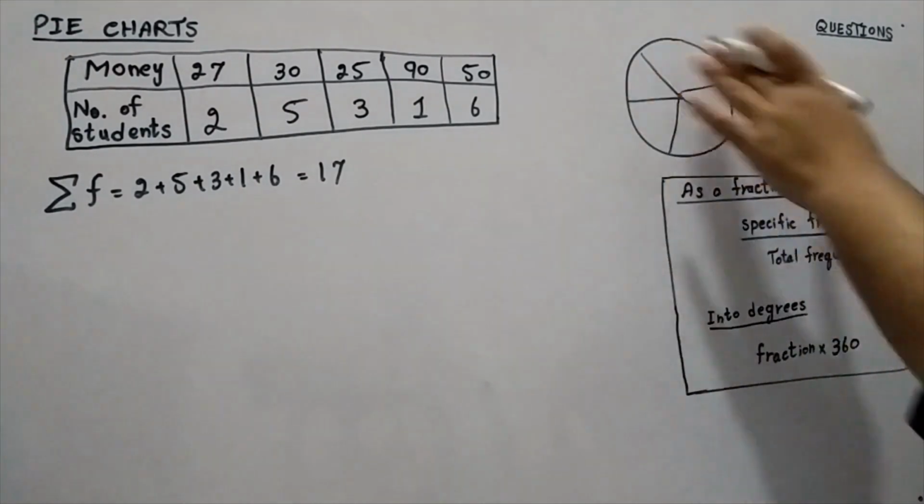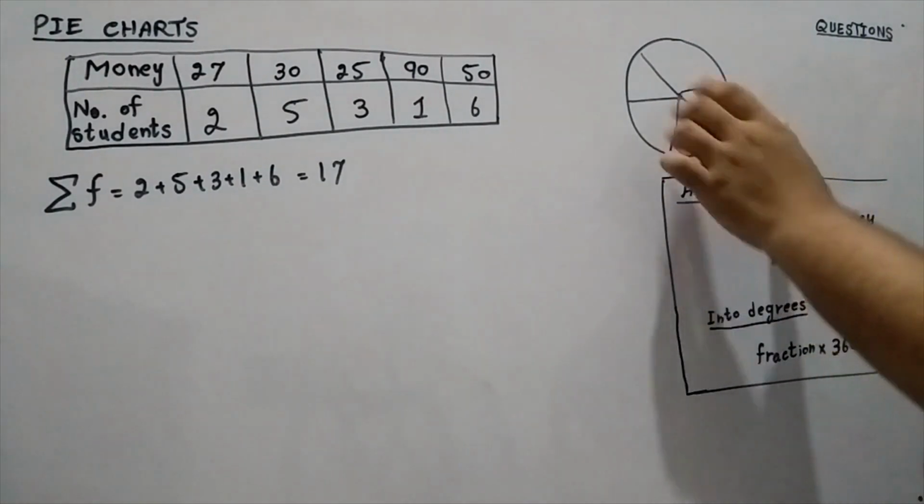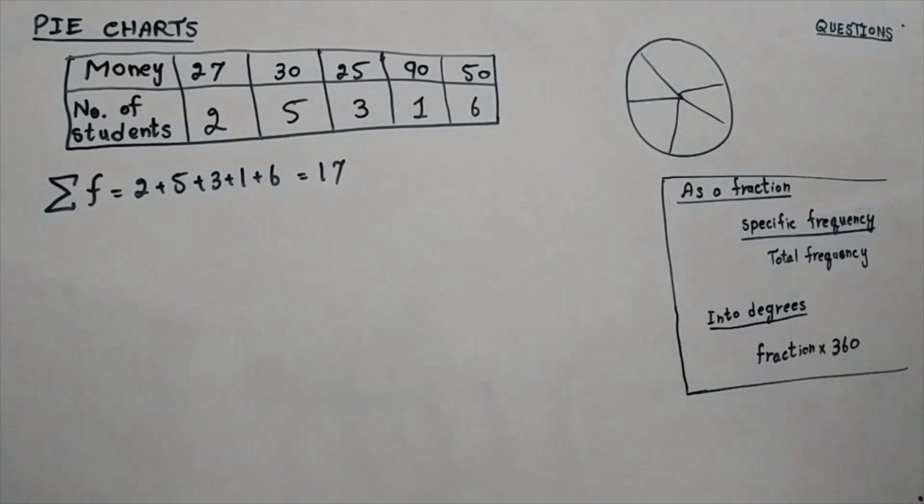You know that a pie chart is actually a circle, and here we will measure the angle in degrees. It means to draw a pie chart we have to find the corresponding degrees.